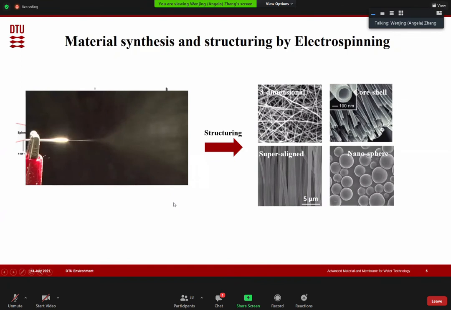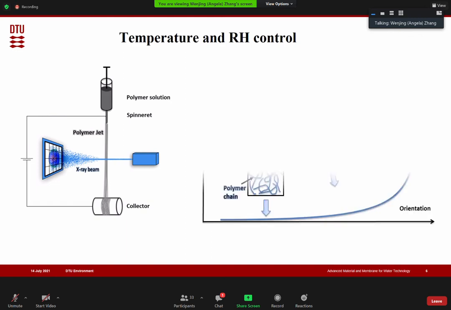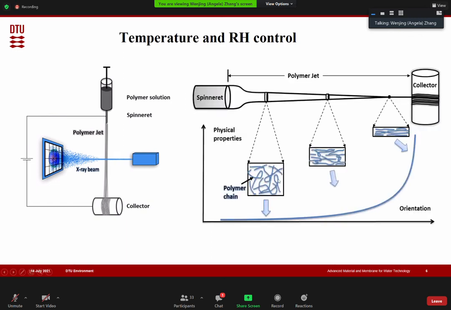In our lab, we also look into another scale to shape these structures. When we do electrospinning, what is happening is that there is a continuous stretching of this polymer solution. From the very beginning, the polymer chains are more randomly oriented.